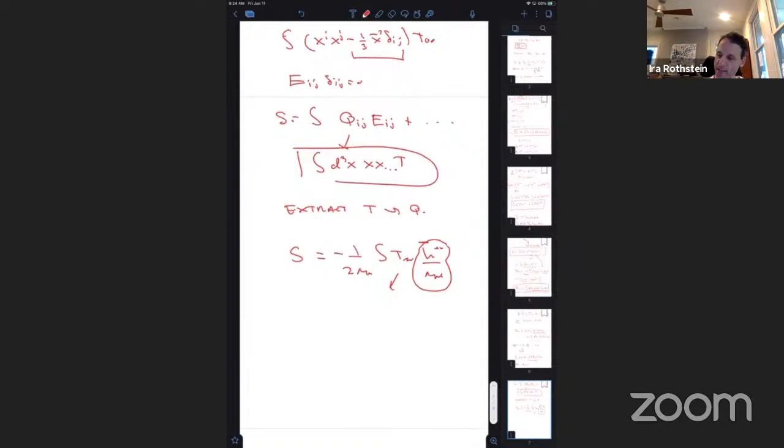Okay? So if we're interested in, say, at the leading order, we want to extract T^{00}, well, that's easy. We know from expanding out this term that there's going to be a term that goes like M dλ h_{00}.